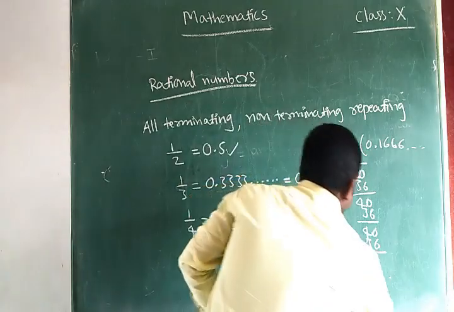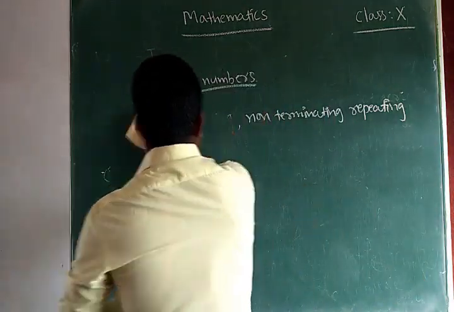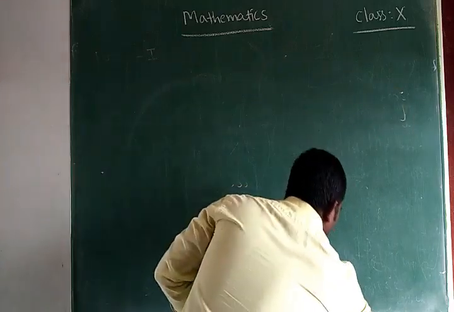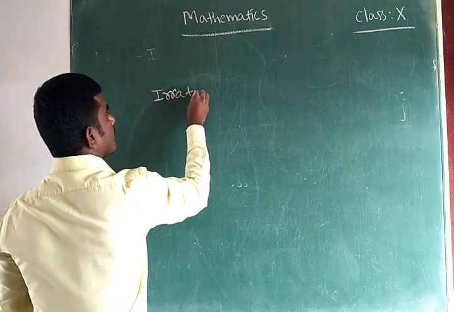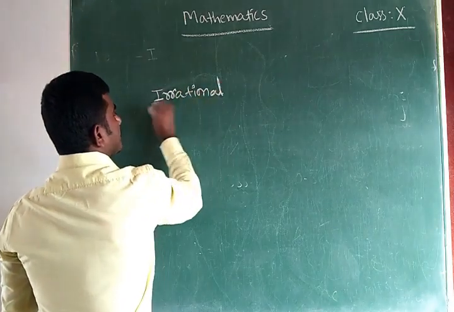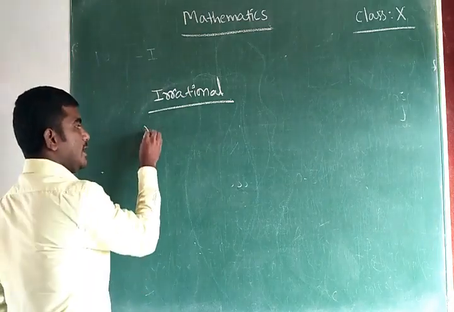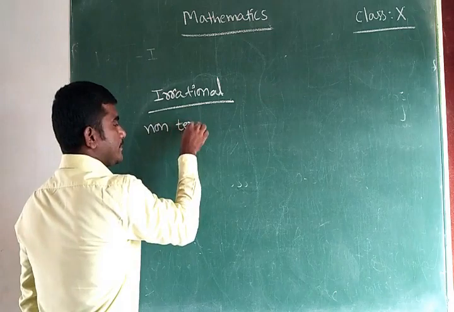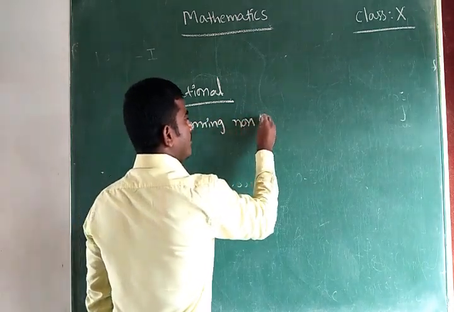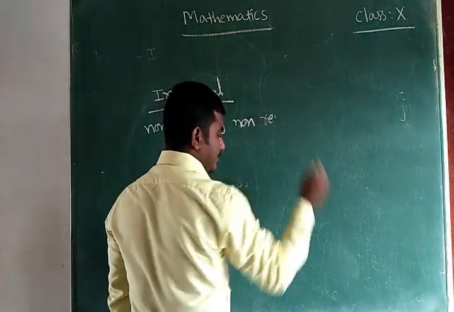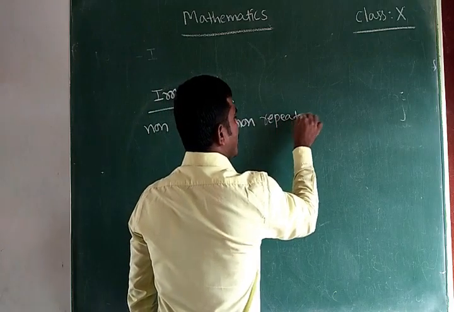Next, irrational numbers. What are irrational numbers? Irrational numbers are nothing but non-terminating, non-repeating values.